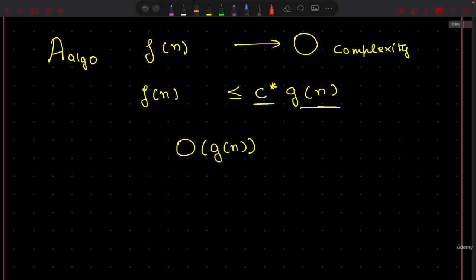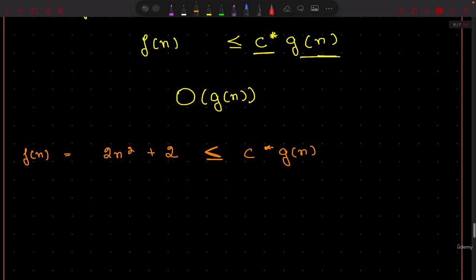Let's assume that our f of n for any algorithm is 2n square plus 2. Now, because I am talking about the worst case complexity, that is what big O complexity actually means, I have to make sure that I am able to bound this function and say that this particular function is never going to be above this relation c into g of n.